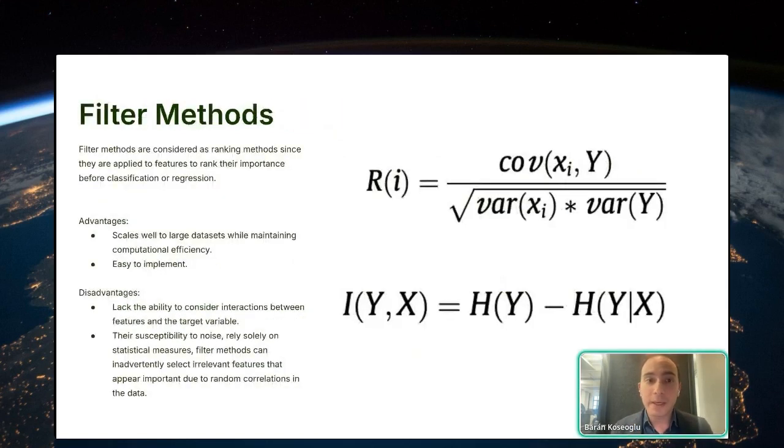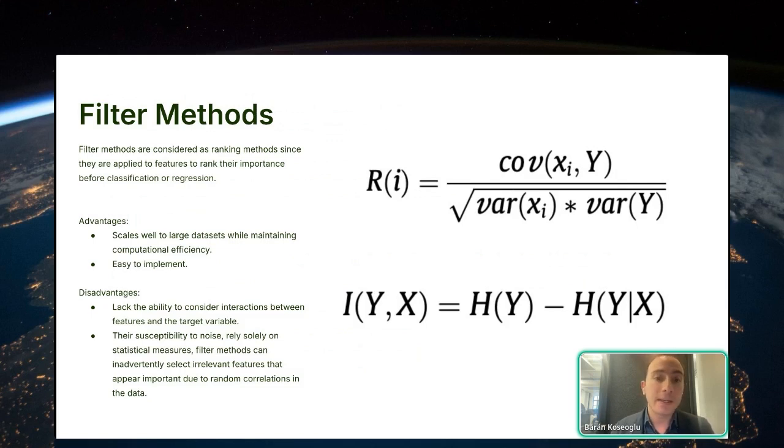Filters, when we talk about filter methods, as I already described, they are very basic filtering methodologies, and they just rank the features according to your selected, let's say, ranker.